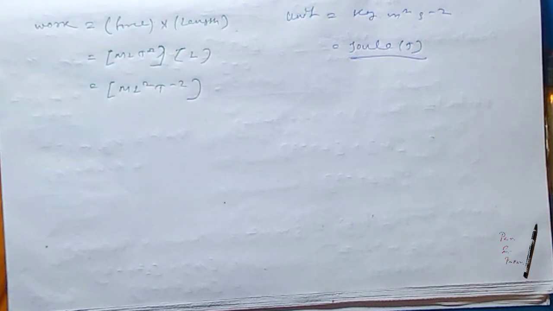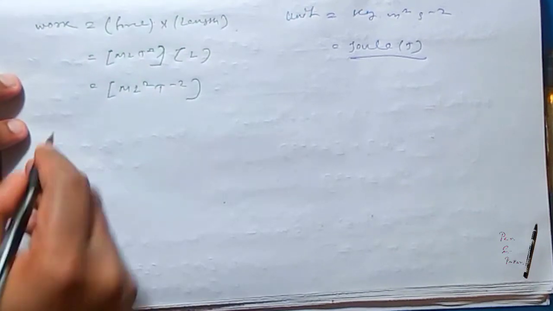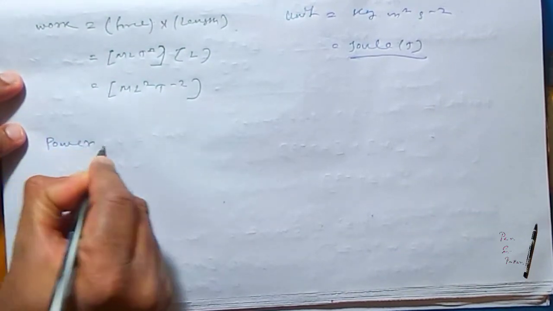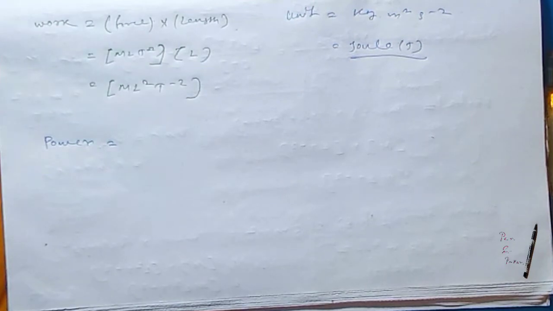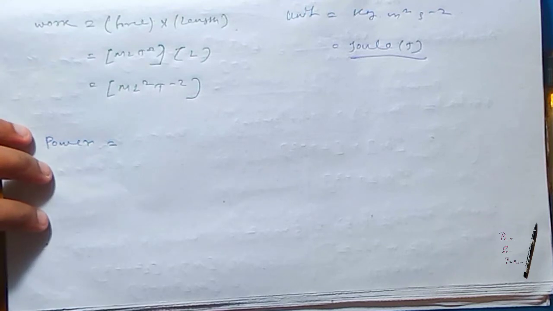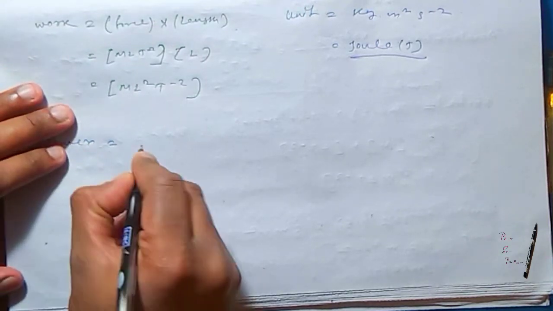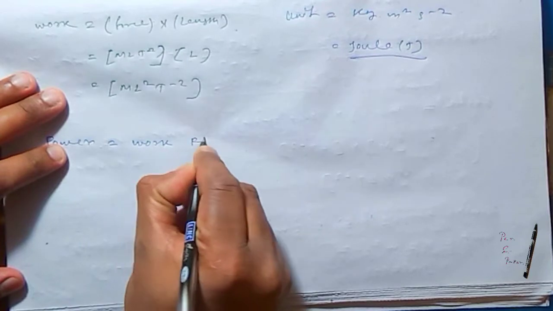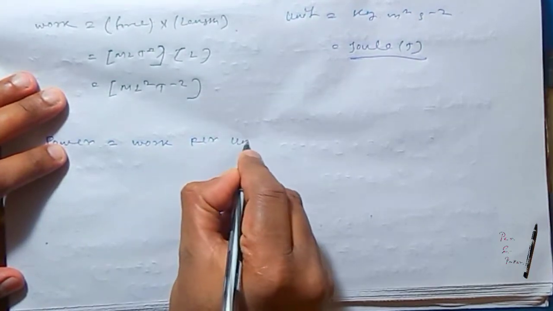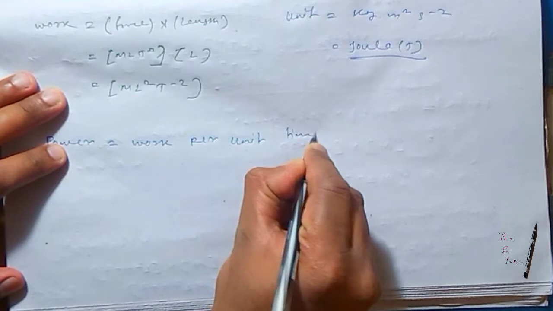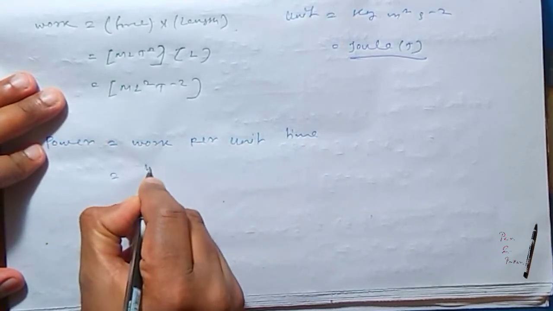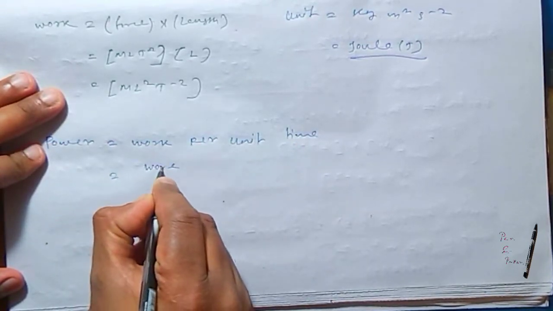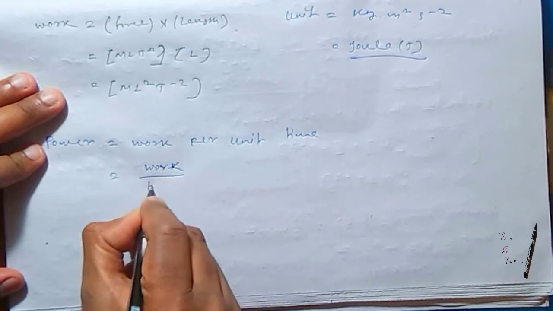Okay, now let us find the dimension of power, which is the work done per unit time. If we write the expression, it will be work per time.